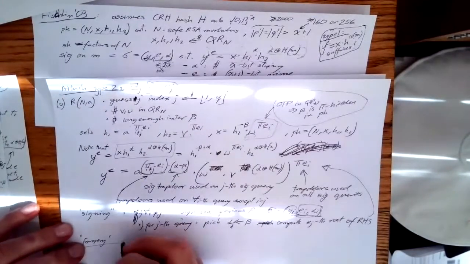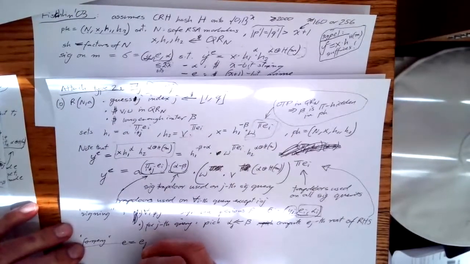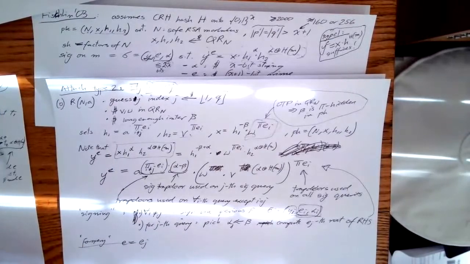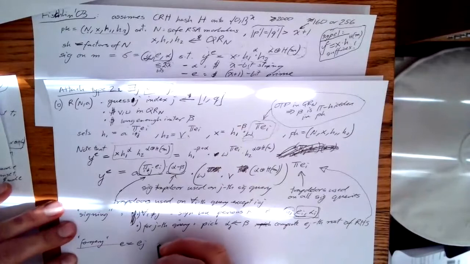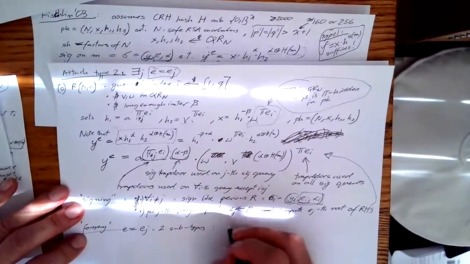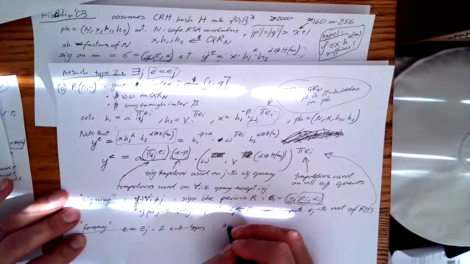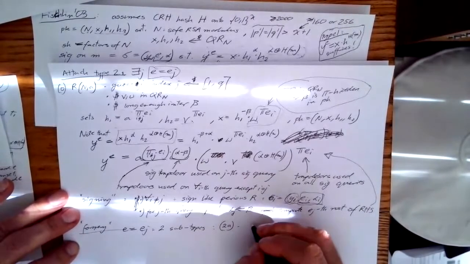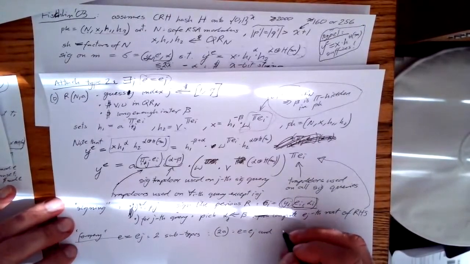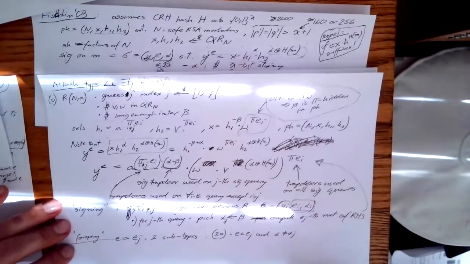So in a forgery, E is equal to EJ. No, so it is a little different. And now there are two subtypes. In the first, the forgery has E equal to EJ, and alpha is not alpha J.